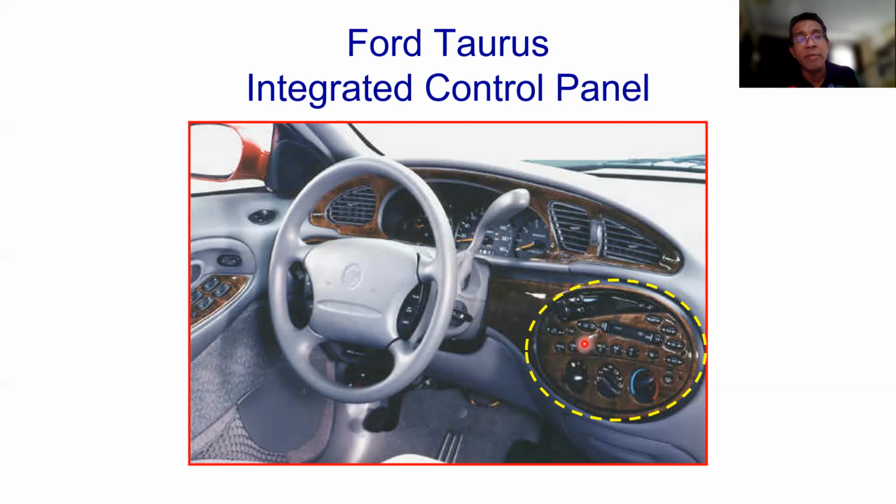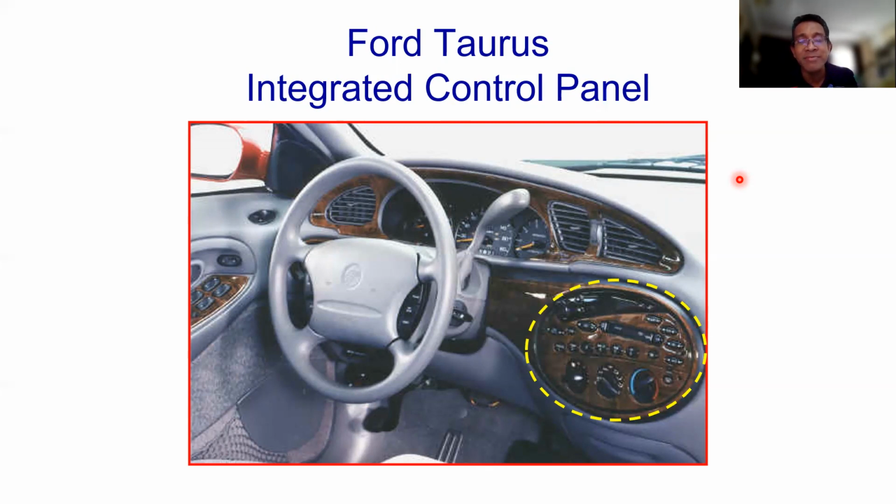Before, they had separate chunks for separate control panels, but now they are integrated in one place. So nowadays the car already has an integrated control panel. Very stylish, very useful.